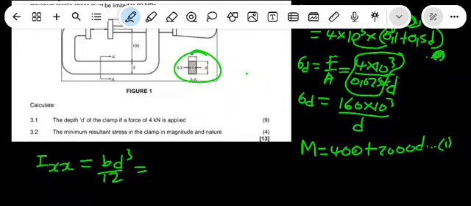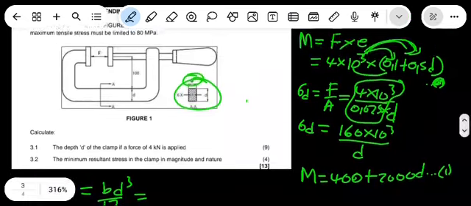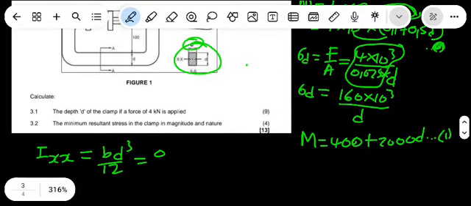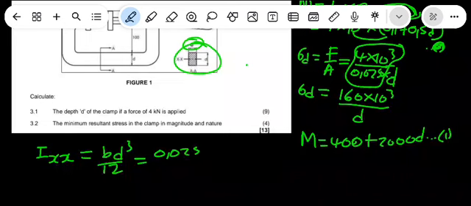The thickness is 25 mm, which is 0.025, multiplied by the depth d cubed, divided by 12.